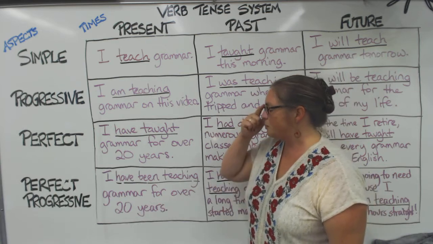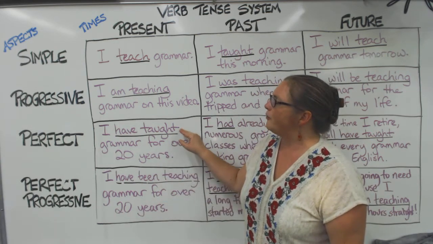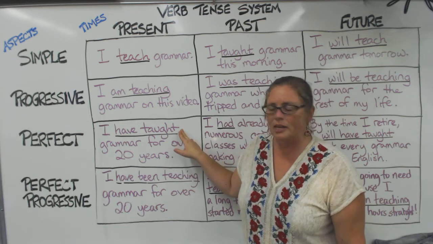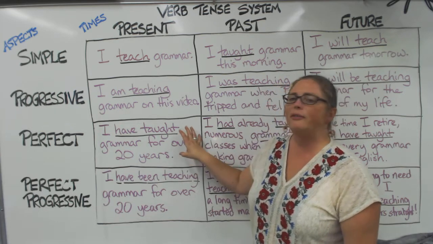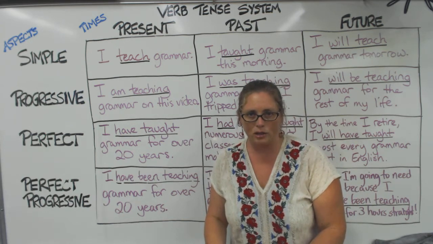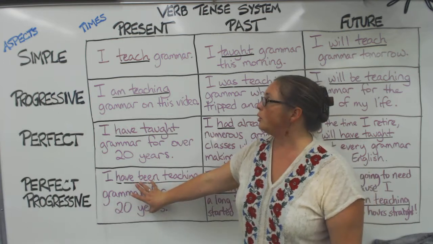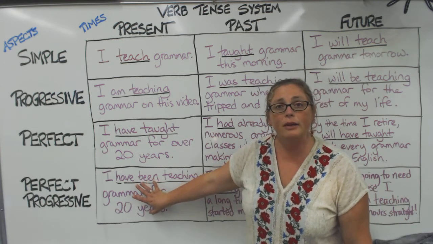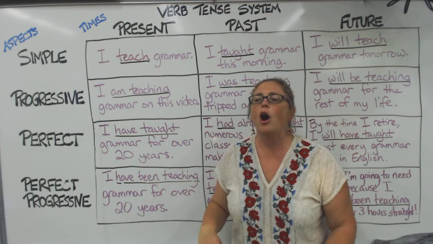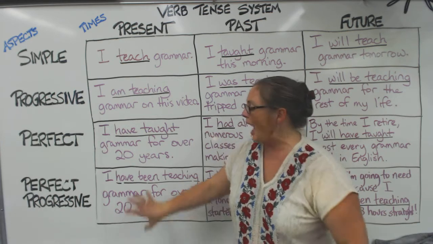Let me just explain that it might make a difference sometimes if you use the present perfect, you would be focusing on the result of an action, whereas if you use the present perfect progressive, you may be focusing on the activity of it.